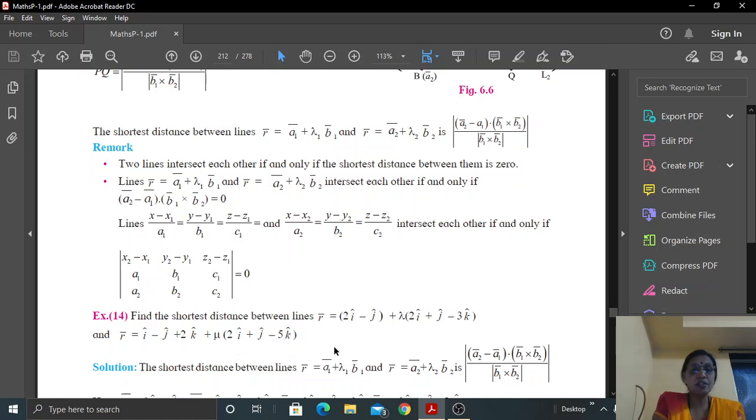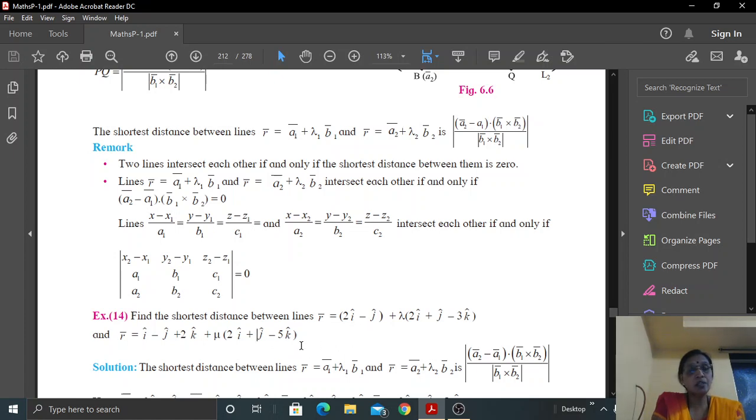See here what is given. Here the equations of lines are given. The given lines are in vector form. This is a bar plus b bar form, and this is also in a bar plus b bar form.